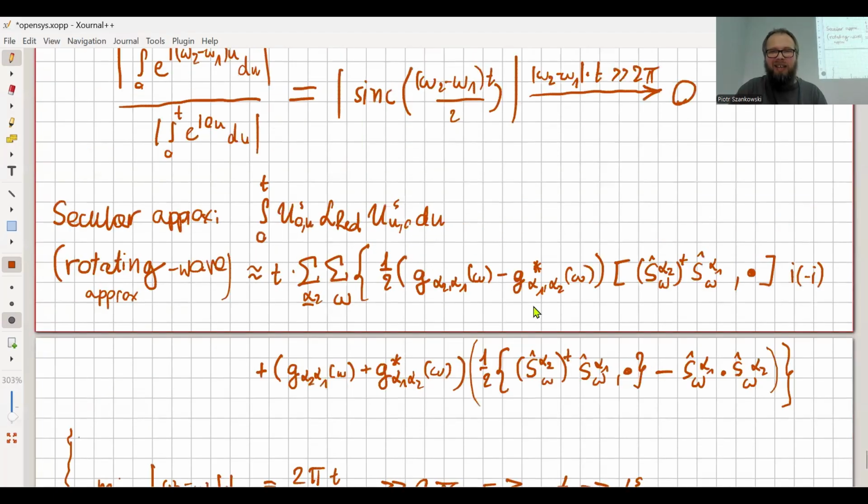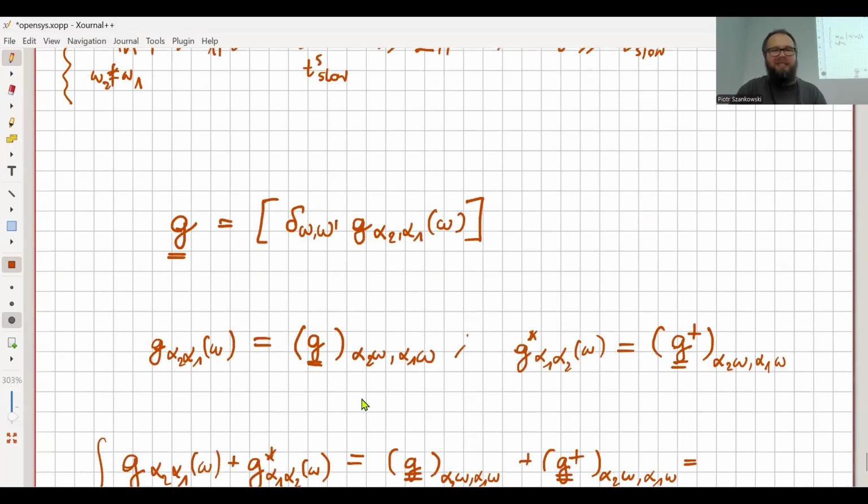And now we recognize that this thing here is Hermitian, and this thing here is a positive semi-definite matrix.